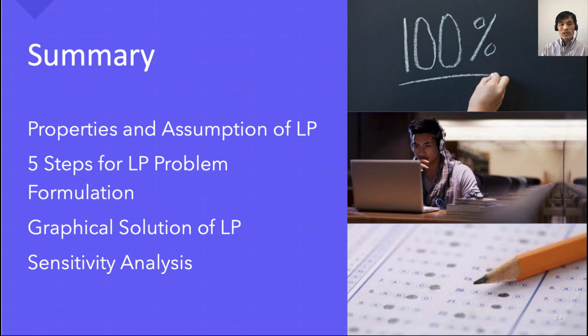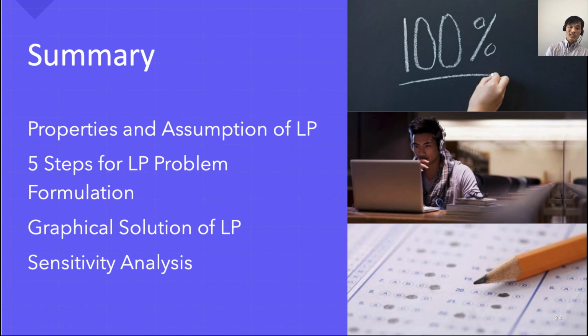So in this lecture we talked about linear programming. There are properties and assumptions of linear programming. Linearity is the most important thing that we considered there. And the second topic was the 5 steps for a linear programming problem. First of all, we have to understand the problem and set the objective function.